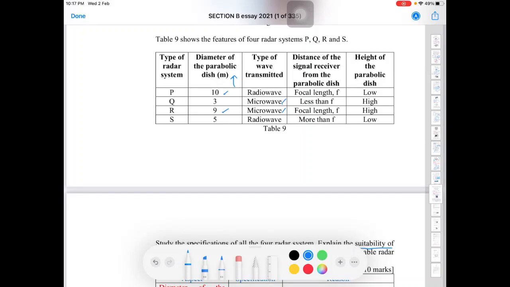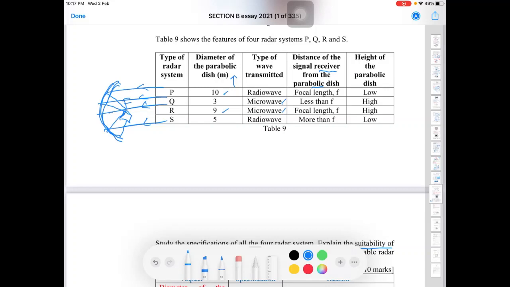Alright, distance of the signal receiver and parabolic dish. Okay, kalau you tak boleh imagine, you tengok astro. So astro punya dish, so dia ada satu receiver dekat sini. Jadi receiver tu perlu diletakkan dekat mana of the dish. Jadi selalunya kita akan dapat signal datang parallel. Okay, so datang dari jauh ni parallel dan dia akan converge to a point. And the point itu adalah focal point.